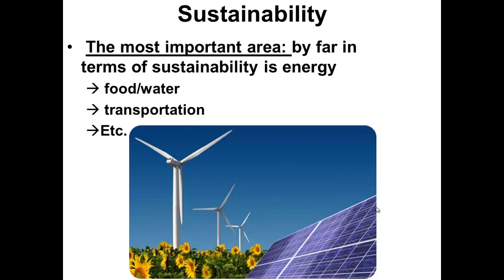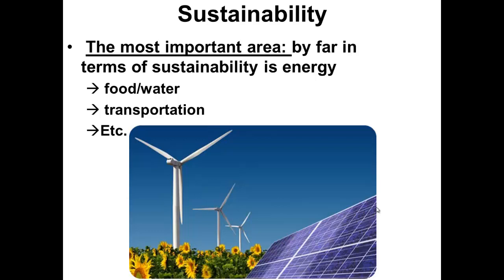Now, that UN document identified the number one area of sustainability as energy. Not recycling, not conservation, etc. They all come into play here, but energy is our crisis for the future and even now.